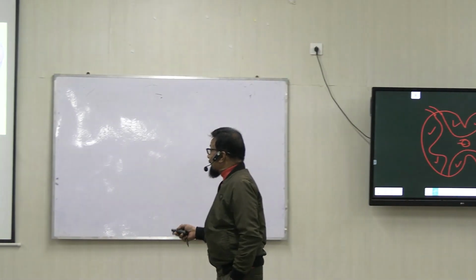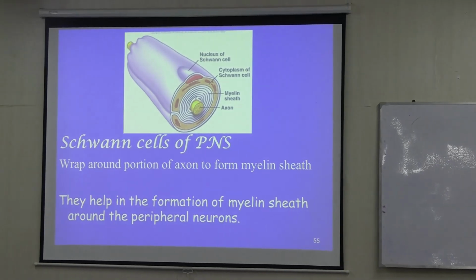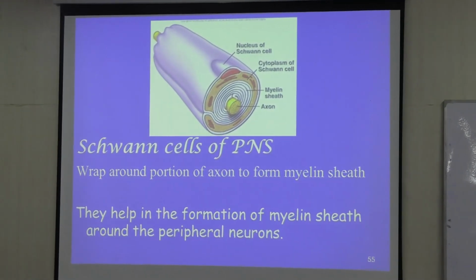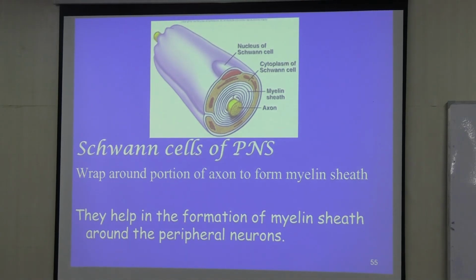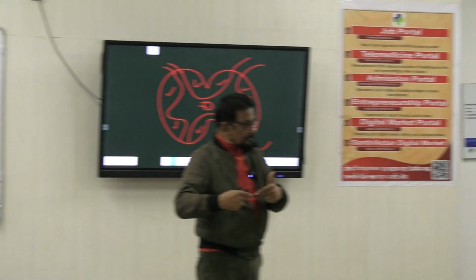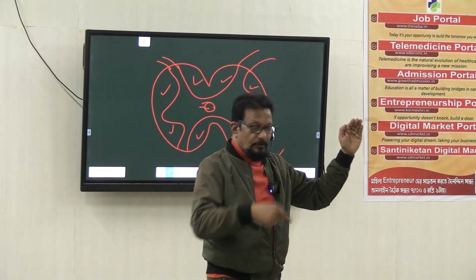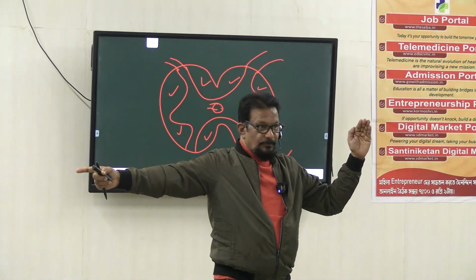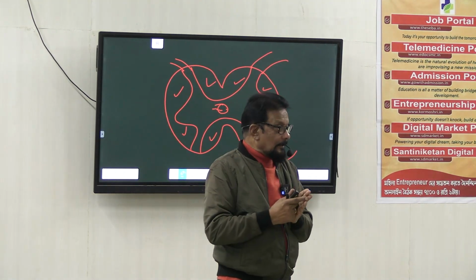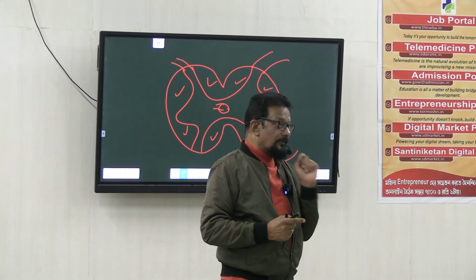The function we have discussed: the Schwann cell wraps around a portion of the axon to form the myelin sheath. Again there is a gap of 1 micron, then again the myelin sheath is formed, then again a gap. In this way, from the axon hillock, it continues up to the synaptic knob. That gap in between of 1 micron is called the node of Ranvier.